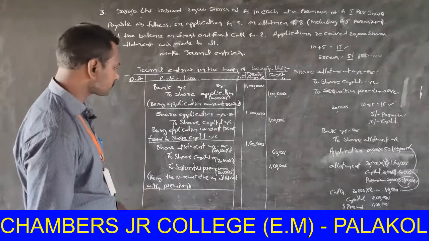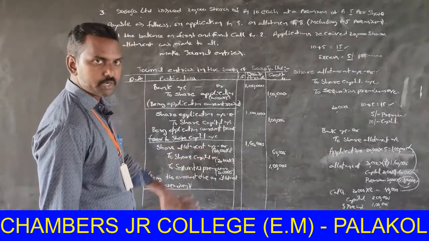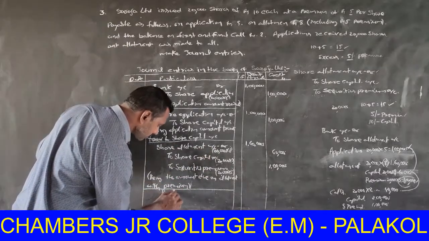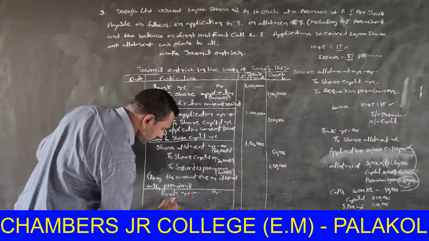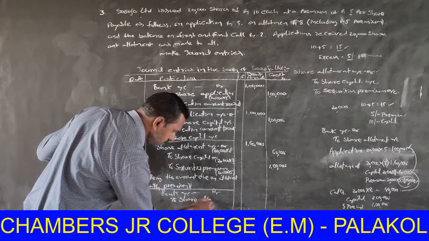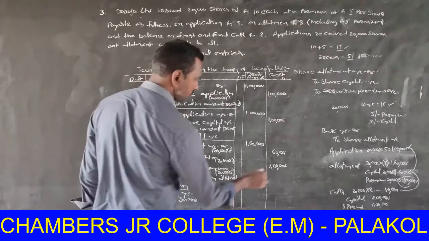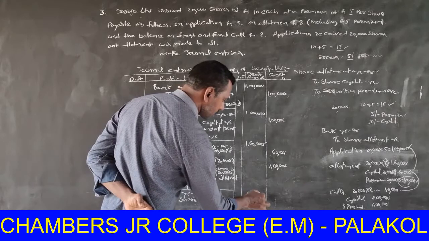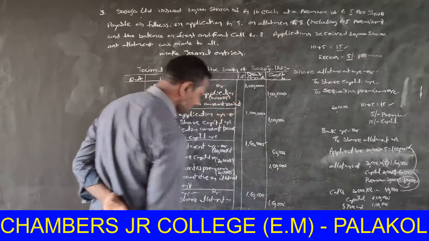After this, for receiving of allotment with premium, the journal entry is bank account debtor to share allotment account. Here the allotment amount is 1,60,000.